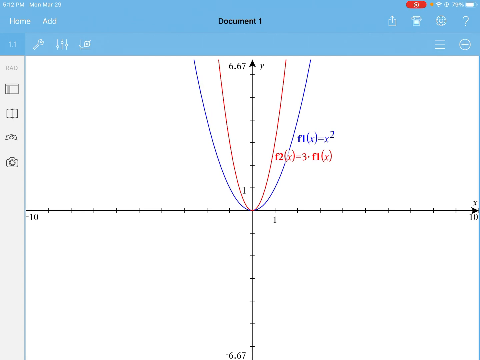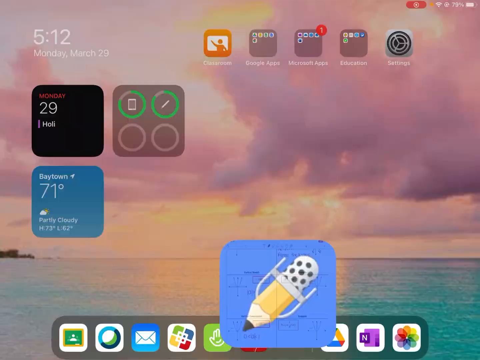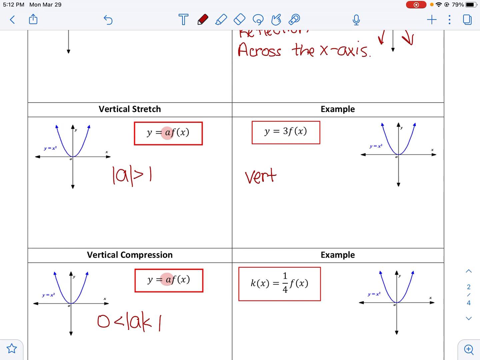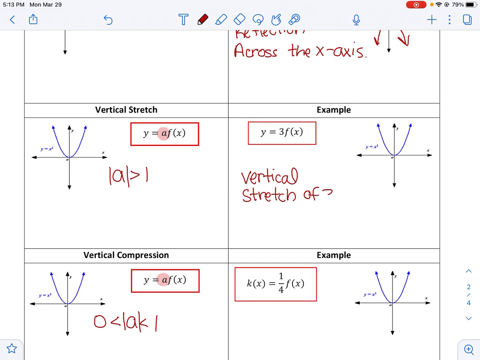Okay, it's like we're stretching it tall. That's why they call tall people stretch. Okay, so this was a vertical stretch of 3. Again, we use the numbers from the equation. So again, it makes it look like it got skinny. Okay, we stretched it tall.